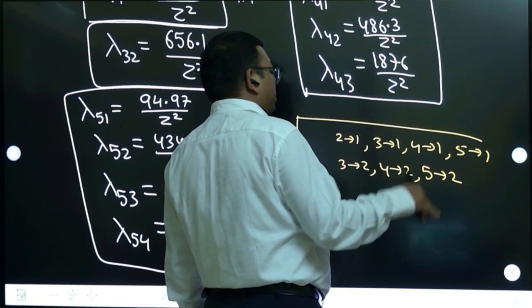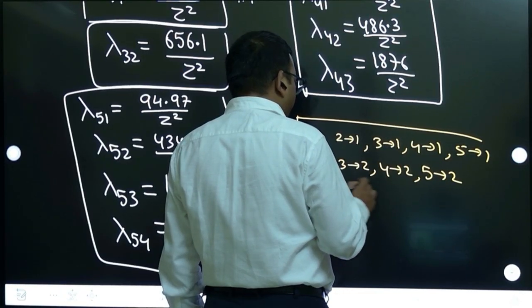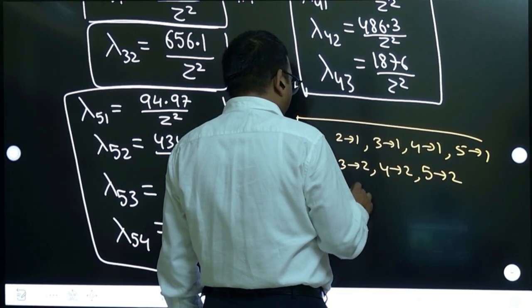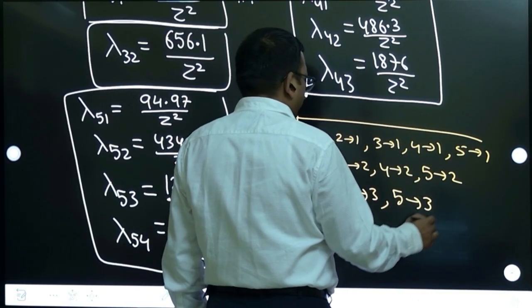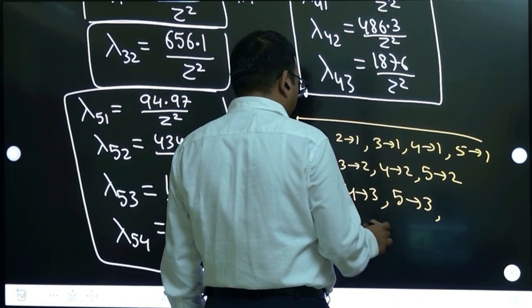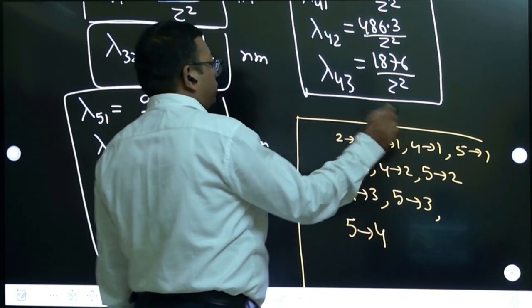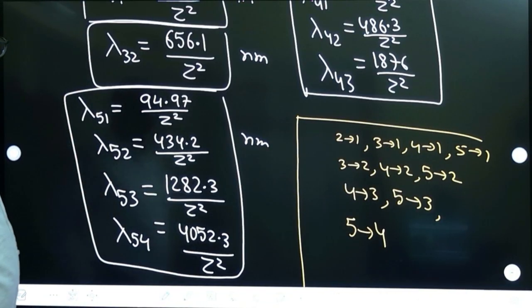Maximum you take 5, minimum you take 1. Then going to 3: 4 to 3, 5 to 3. Then going to 4: 5 to 4. That makes 1, 2, 3, 4, 5, 6, 7, 8, 9, 10. Better remember these 10 formulas.